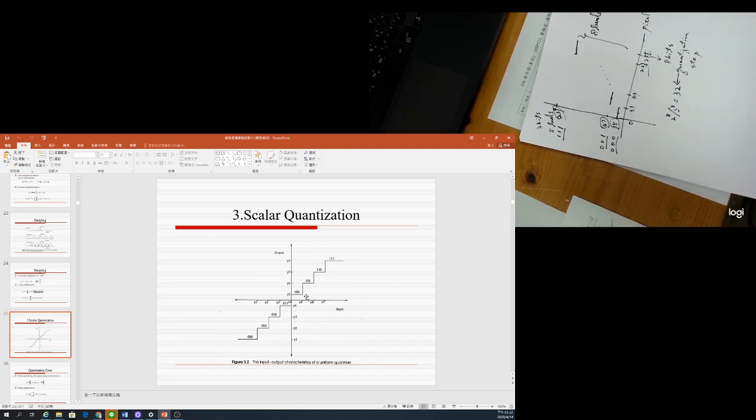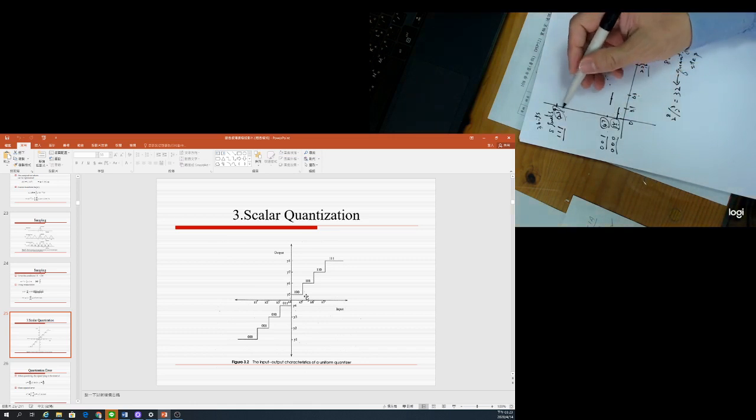In one quantization, we try to find the best, the optimal quantization level. But the quantization level, we have to encode it. How to encode the quantization level depends on how many quantization levels you have.